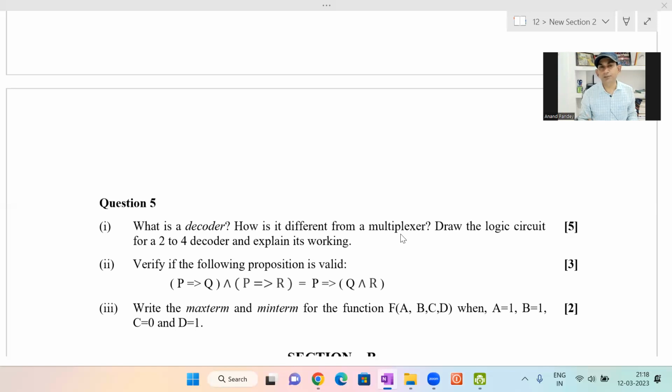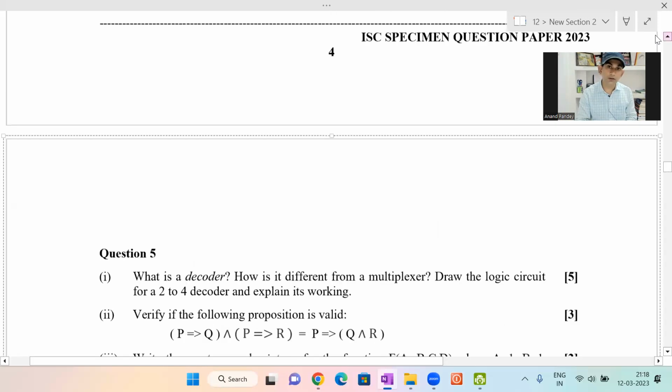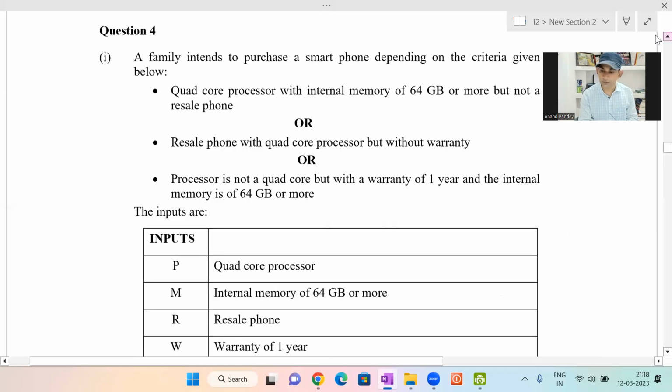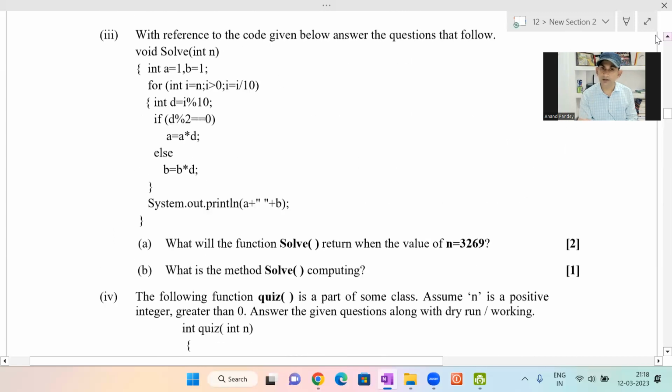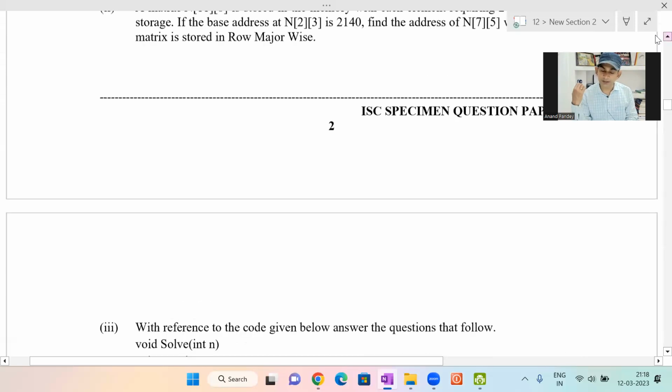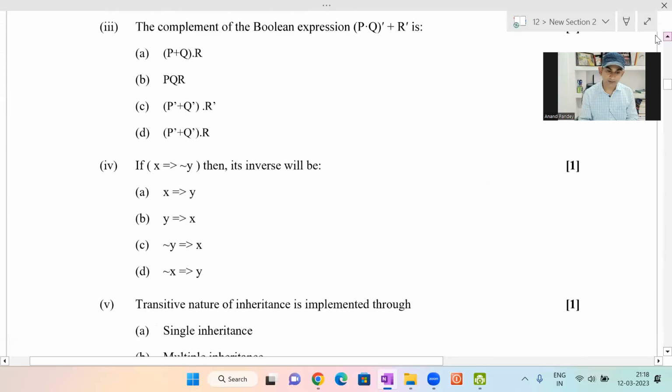Boolean laws are very important for most of the questions. Many questions are there. If you know the Boolean laws, only then you can solve those questions easily. Let me show you. Please learn all the laws by name if possible. Generally, I tell my students, please learn all the Boolean laws by heart. Okay, let me show you.